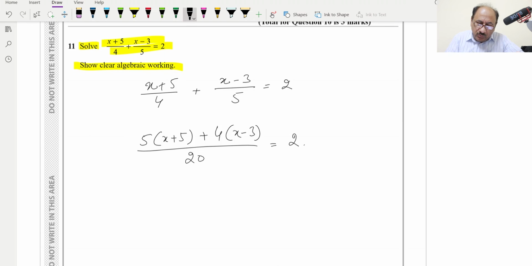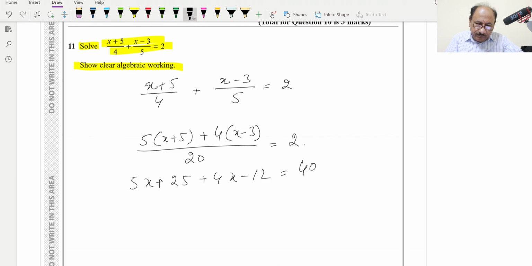So this will be 2 and then you can open the bracket, so it will be 5x plus 25 and plus 4x minus 12 and divided by 2. 20 we can shift to other side, which will be giving us 20 into 2 will be 40.